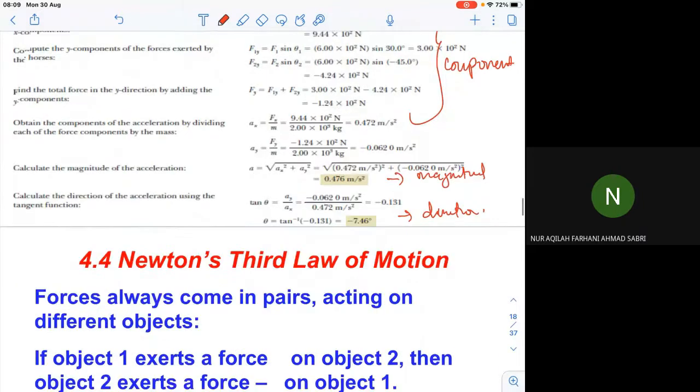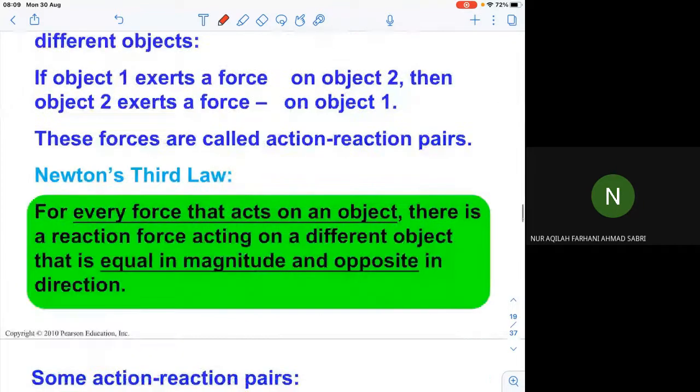And of course, Newton's third law says that for every force that acts on an object, there is a reaction force acting on a different object that is equal in magnitude and opposite in direction.